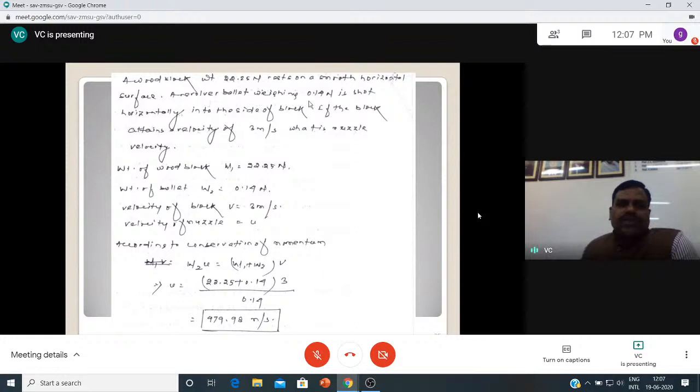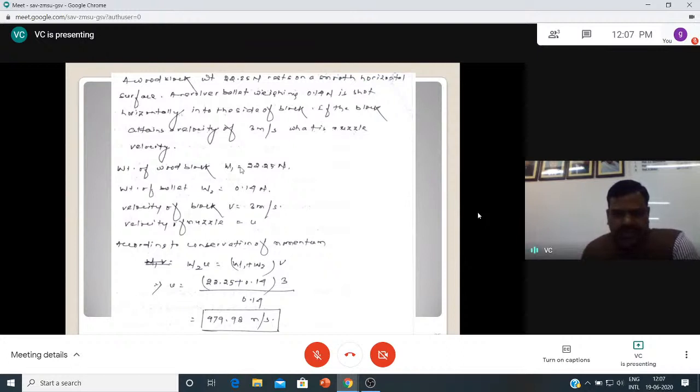A bullet weighing 0.14 newton is shot horizontally into the side of the block. If the block attains a velocity of 3 meters per second, what is the muzzle velocity?